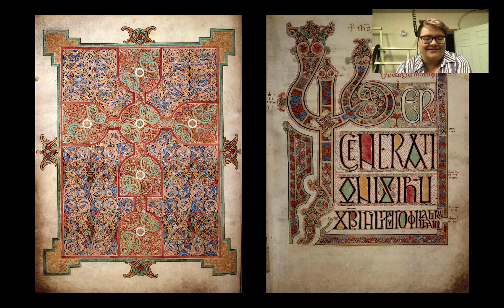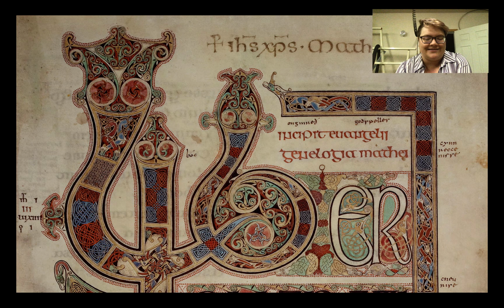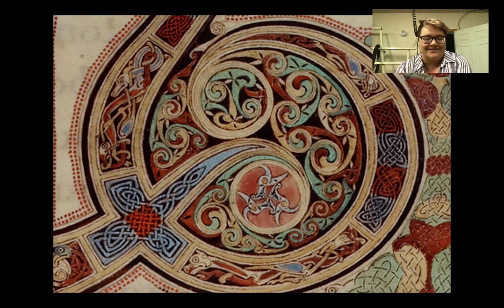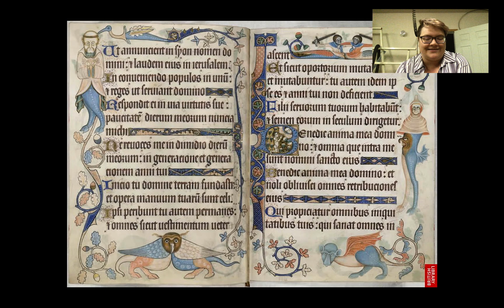This book is about this big, and so when you open it, it's about this big. And look at this, just down and down, super intricate and detailed. Right? This is not simply a utilitarian container for text. This is another object altogether.